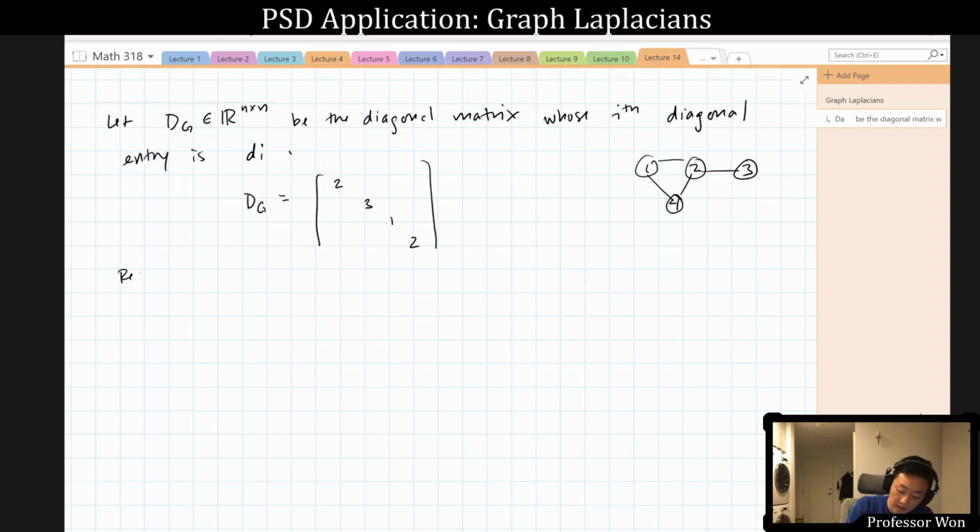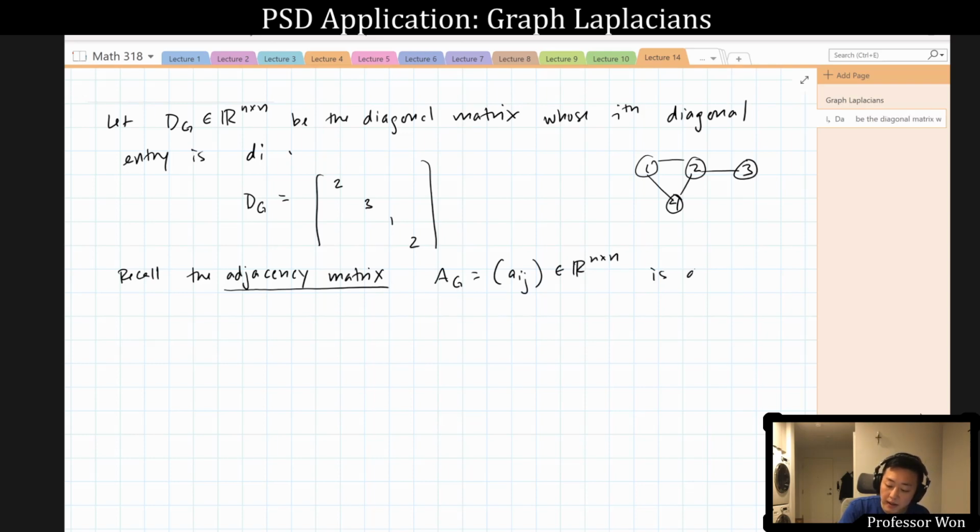So recall the adjacency matrix, which I think I can call A sub G. That's also an n by n matrix, defined by the ijth entry is 1 if ij is an edge, and 0 if not.